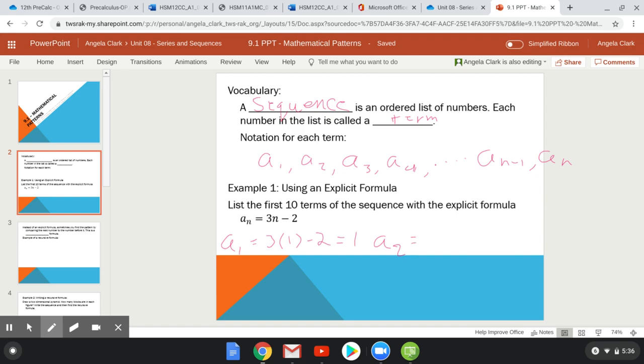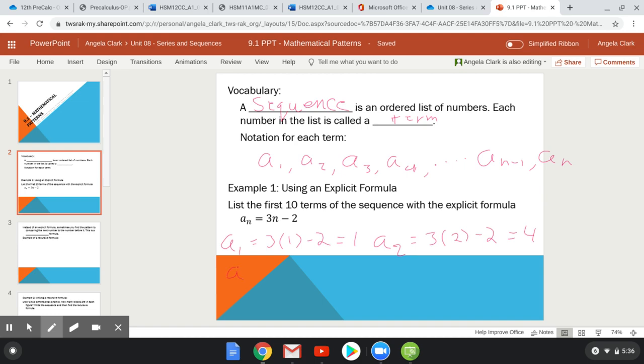A2 is going to be 3 times 2 minus 2, which is 6 minus 2, which is 4. I'm just taking this number, plugging it in where it says n in the formula, and then figuring out what that's going to be. So A3 would be 3 times 3, which is 9, minus 2, which is 7.